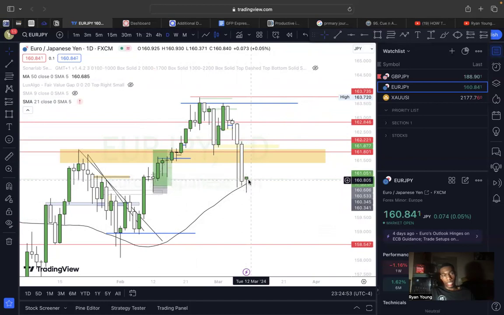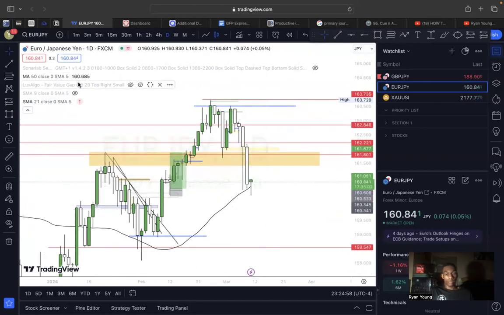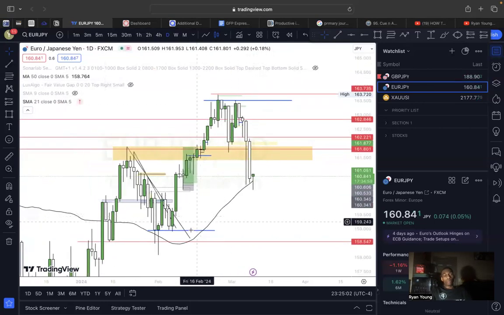Obviously, the candle just opened not too long ago, so it's still a live candle, but I'm definitely paying attention to that. Also pay attention to the moving average. Notice how price is still maintaining and respecting the moving average, kind of using it as a level of support, if you want to say that.